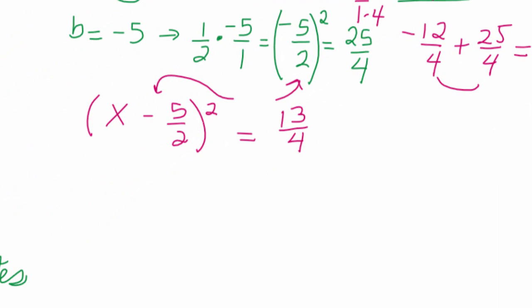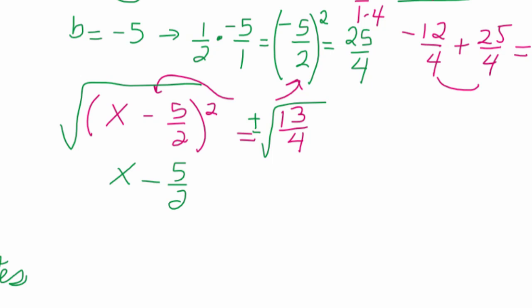Okay, I know this is looking bad, but we got this. Okay, what's the next step? If you said square root property, you're right. And then we're going to remember plus or minus on the right-hand side. So square root, plus or minus square root. So here we get x minus 5/2. Now, over here I'm going to go ahead and split up that square root of a fraction.